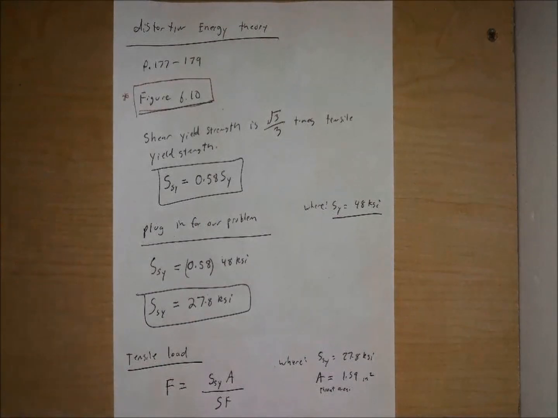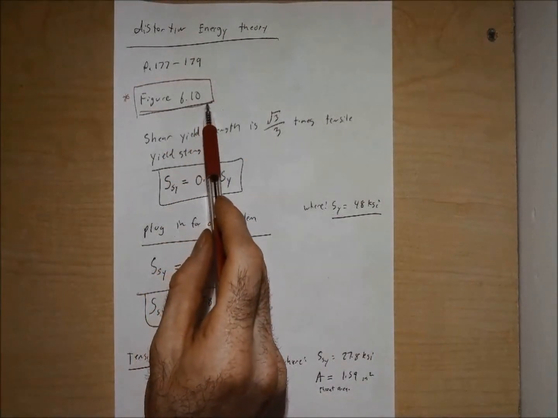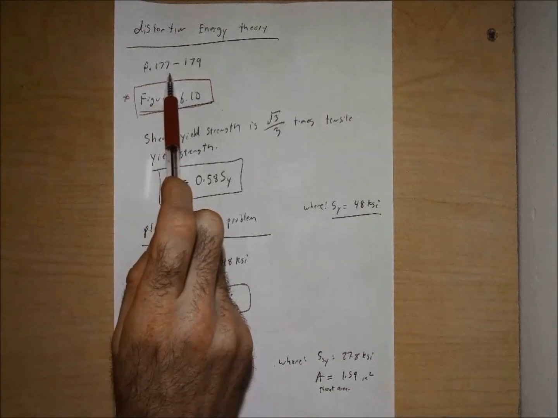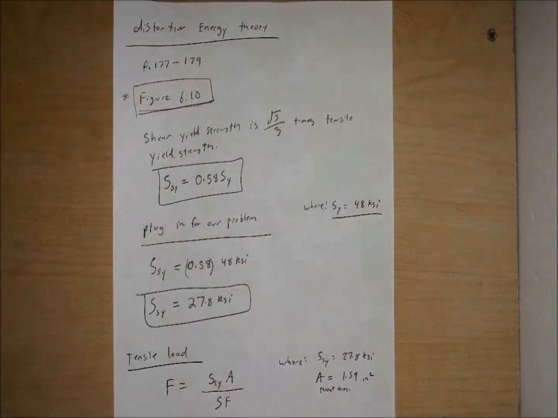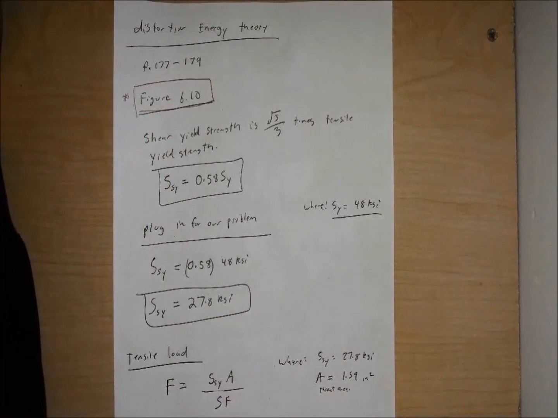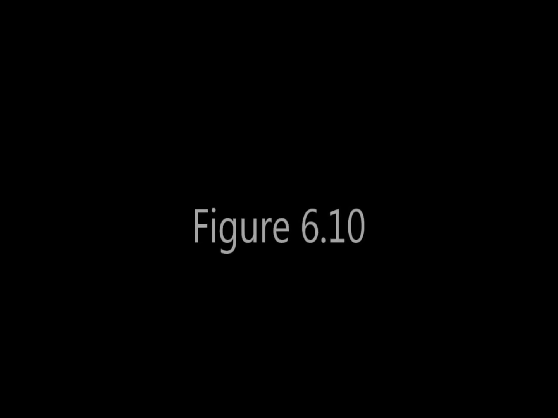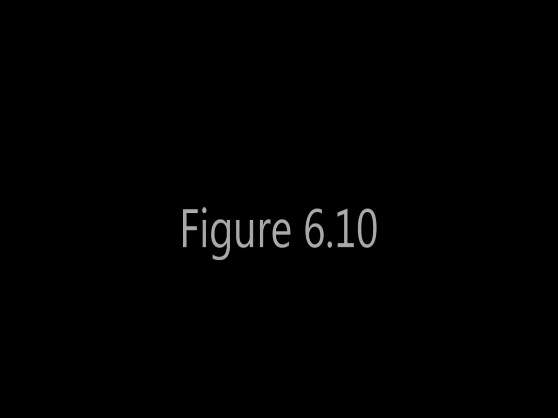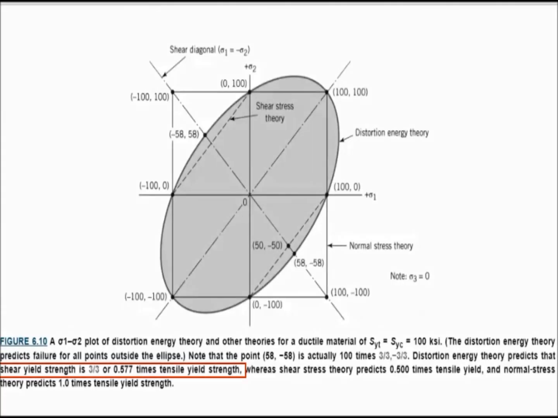This comes from figure 6.10 on pages 177 to 179 of our textbook. Now we can go back in our book to chapter 6 and take a look at figure 6.10. Again, this goes between pages 177 and 179 for this section on distortion energy theory.